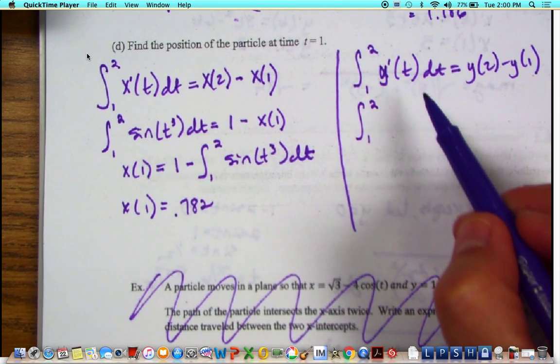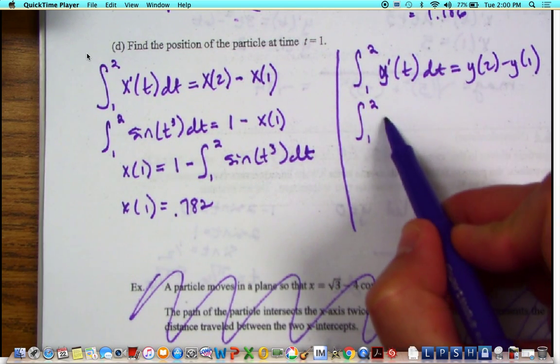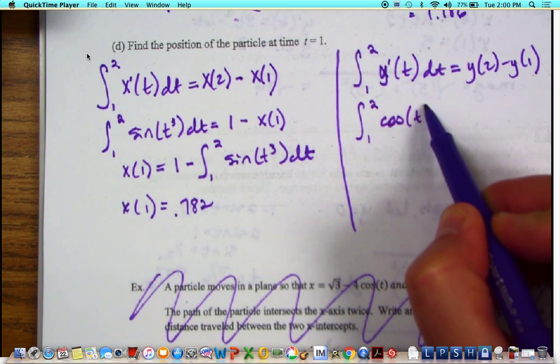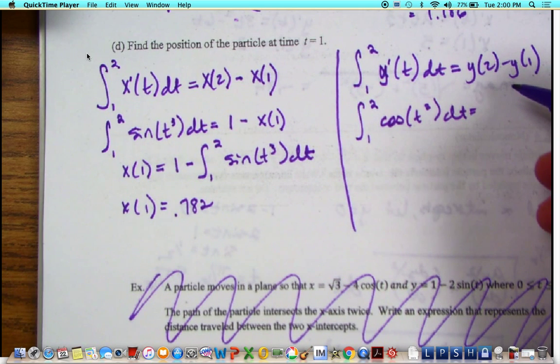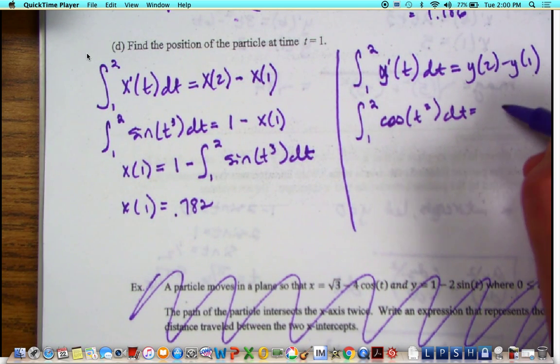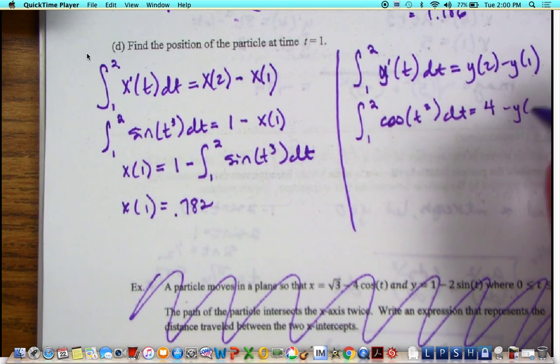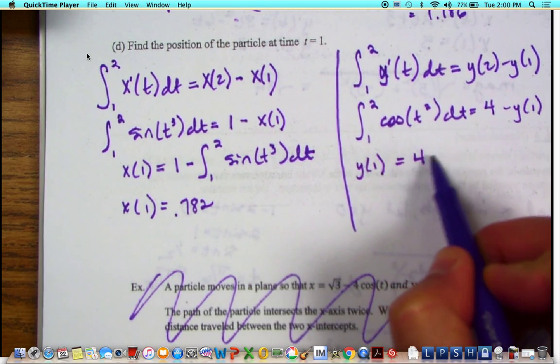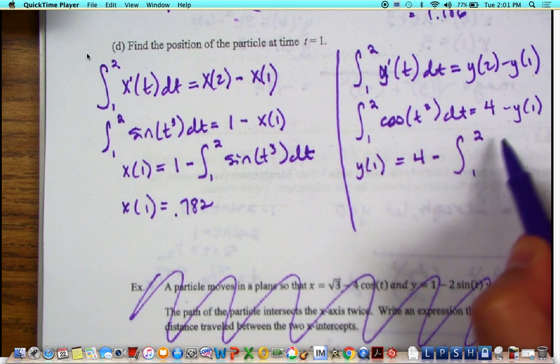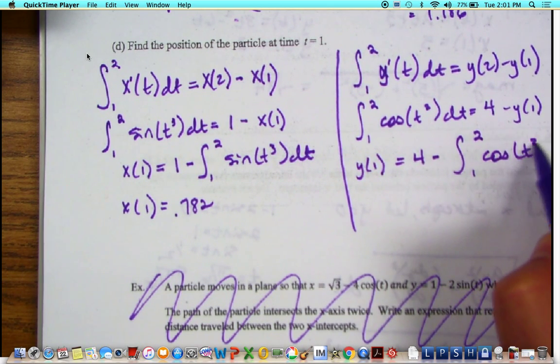So if I integrate from 1 to 2 cosine t squared, y of 2 was 4 minus y of 1. So the position at 1 will be equal to 4 minus the integral from 1 to 2 of cosine t squared dt.